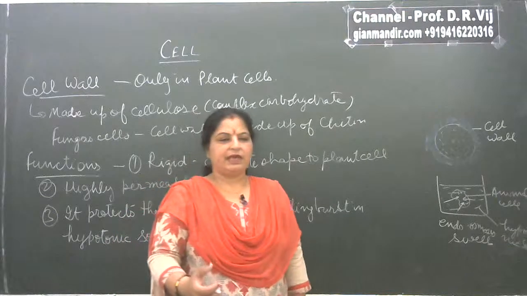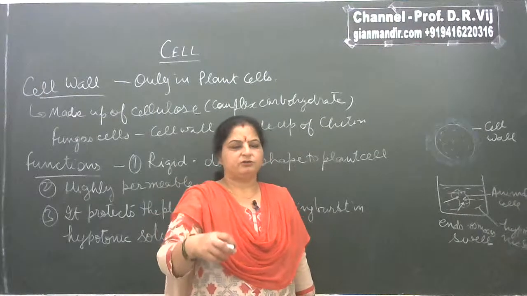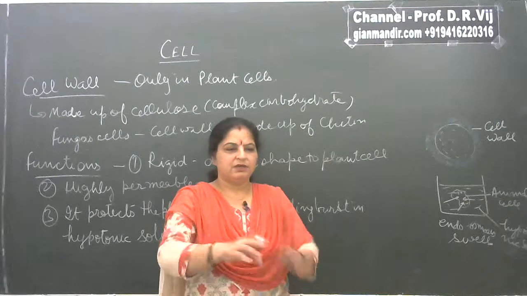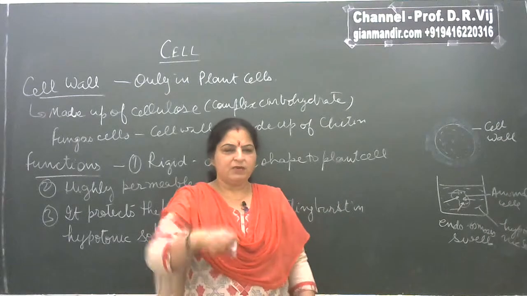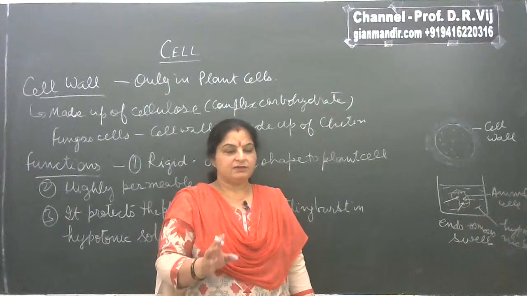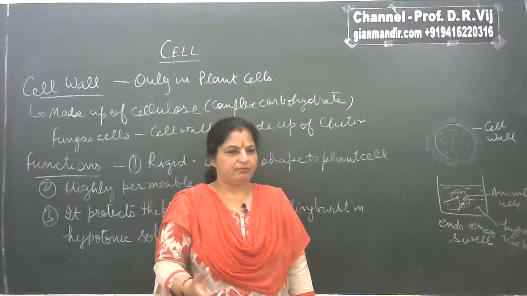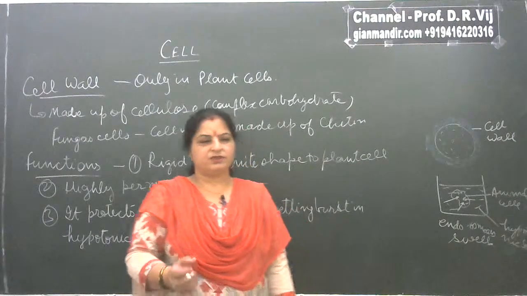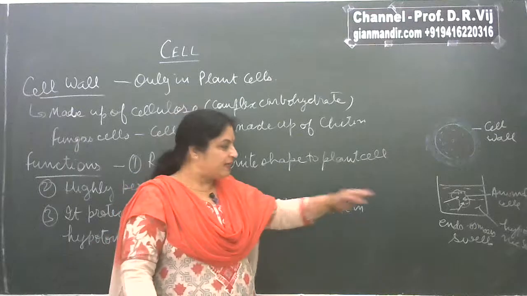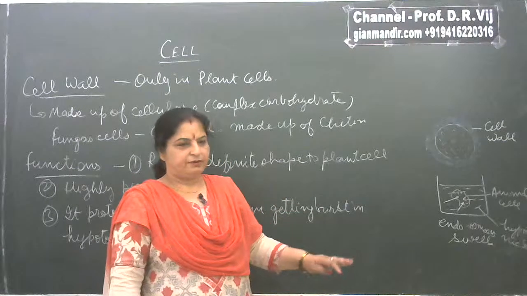Exactly in the same way, if you take a balloon and keep on filling water into it, the balloon expands. You keep on filling, the balloon keeps on expanding, but there is a certain limit up to which it can expand. When excessive water is there, the balloon will burst. Exactly in the same way, the animal cell also bursts, right?